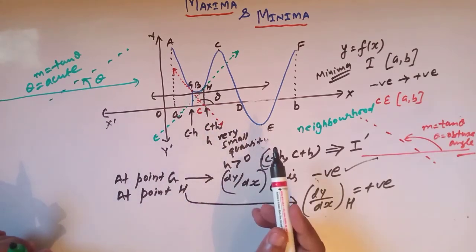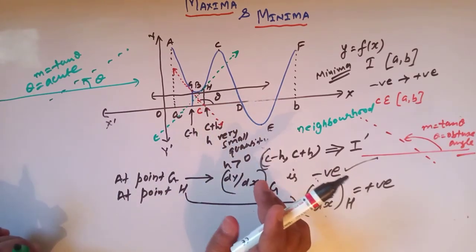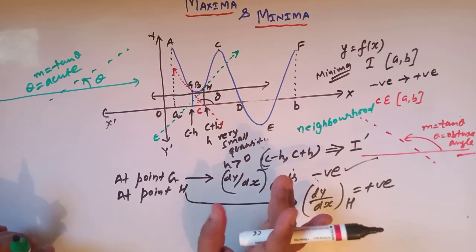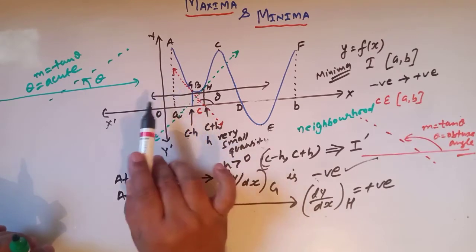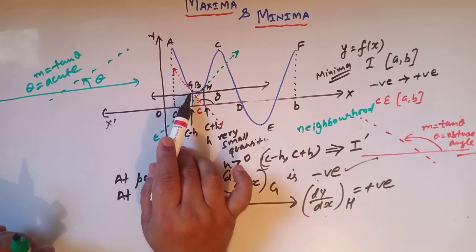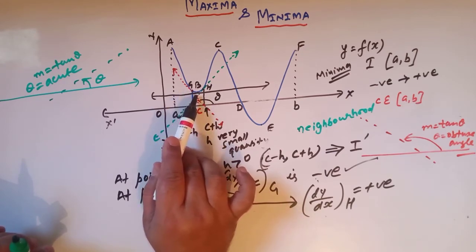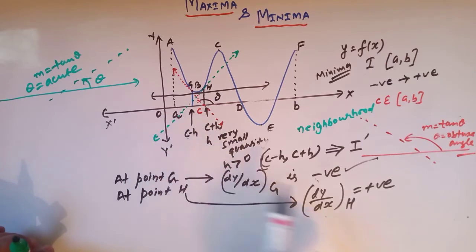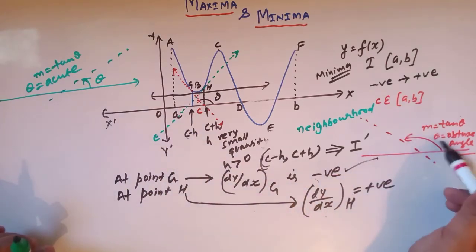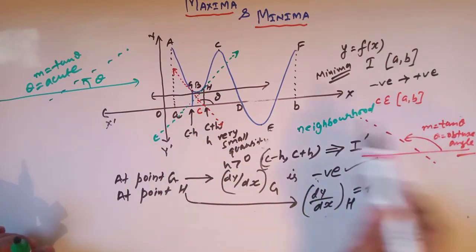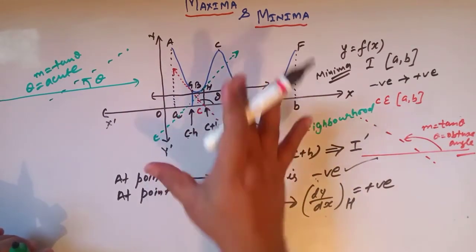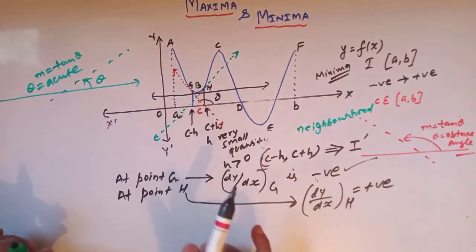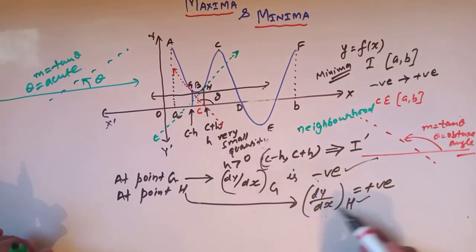Why are we drawing two tangents? Because we want to find the slope, or we want to find the derivative. Now when we draw the tangent at point G, which is to the left of B, then we see that this derivative is negative. Why? Because theta is obtuse. Clear? Now if we draw the tangent at point H, the slope is positive, dy over dx is positive.